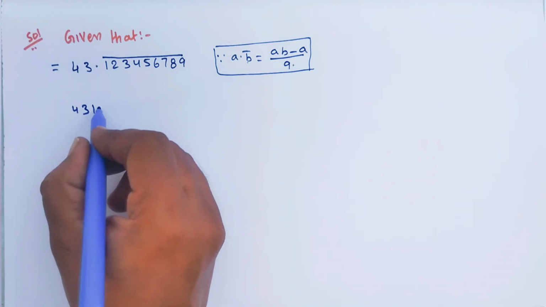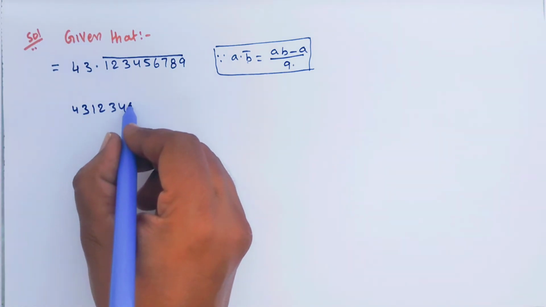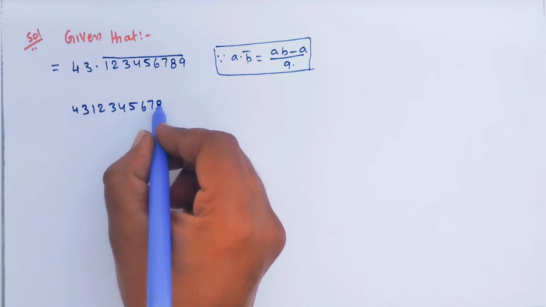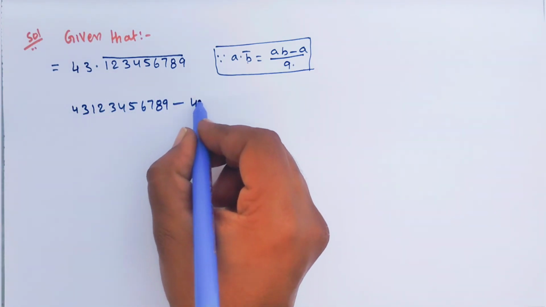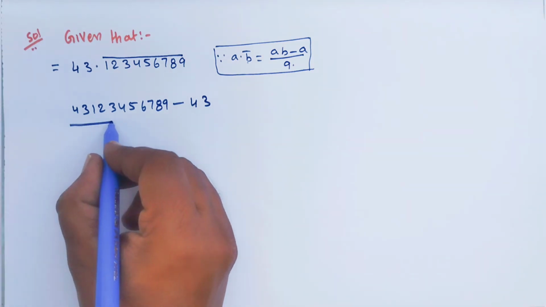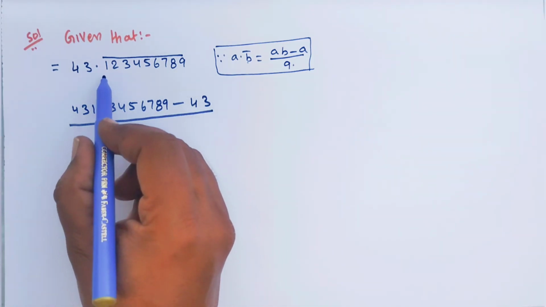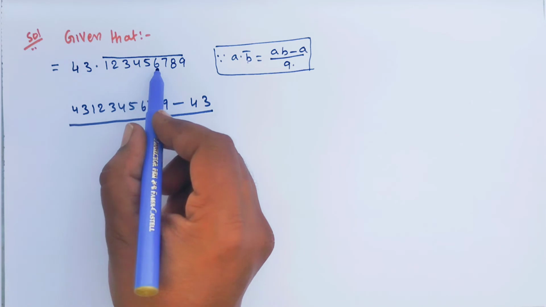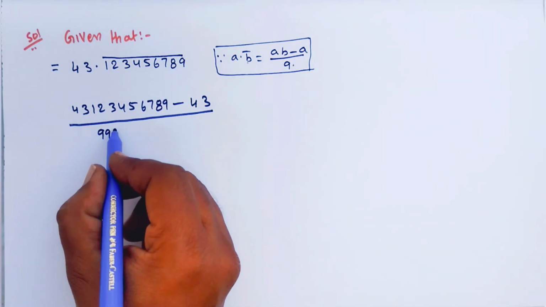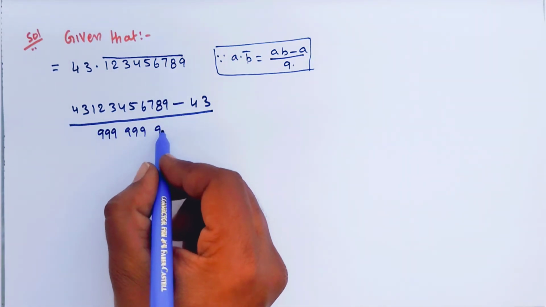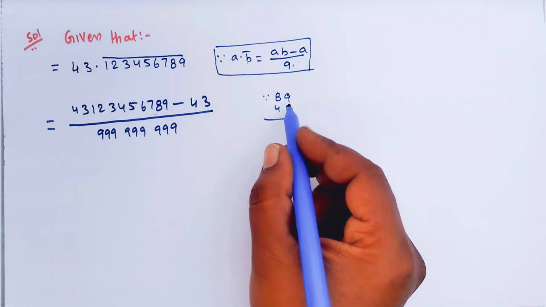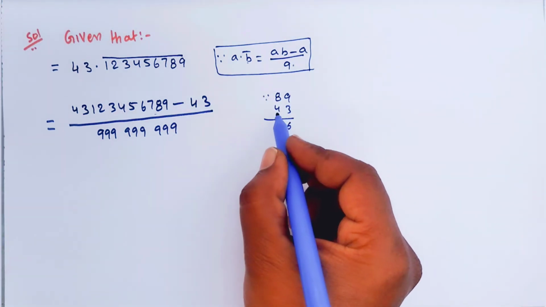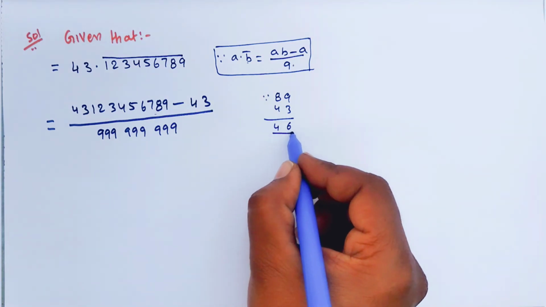So that step can be written as 43.123456789 minus the number before the decimal point, 43, whole divided by the number of digits, totally 9, so we write 9 times in the denominator. Clearly only the last two digits change: 89 minus 43 we get 46.